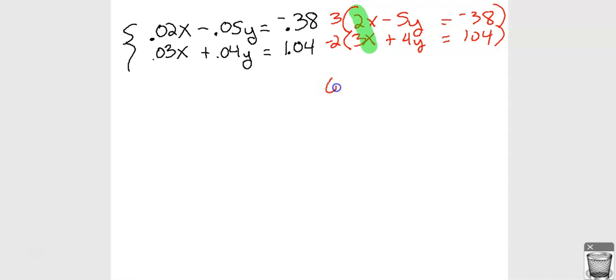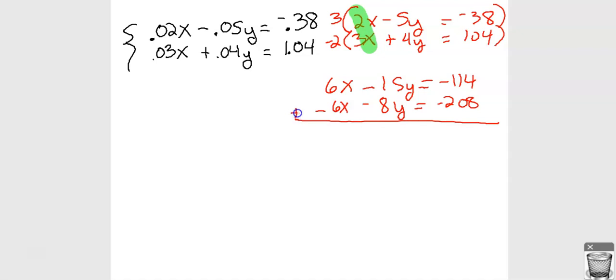The top equation will be 6x minus 15y equals -114. The bottom equation will be -6x minus 8y equals -208. Now, if I add the two equations, the x's will eliminate, and you have -23y equals -322.